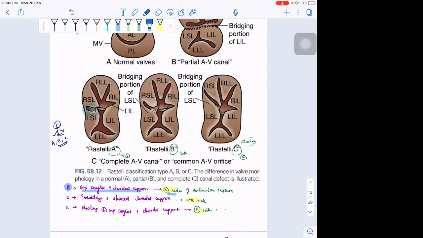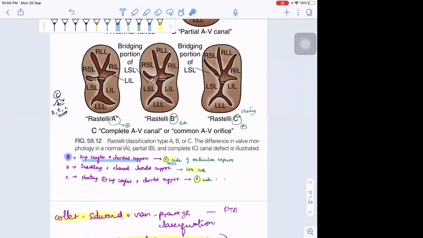The diagram cannot depict this well, so concentrate. This is a leaflet, and the caudal support is mainly towards the left side of the ventricular septum. In B, there is a straddling and shared caudal support on both sides, right and left.